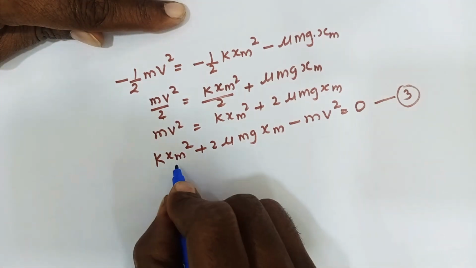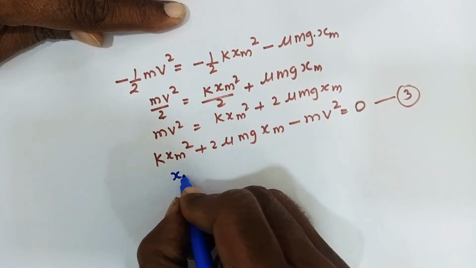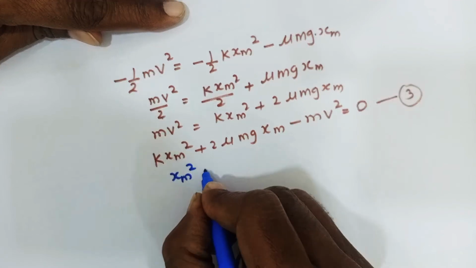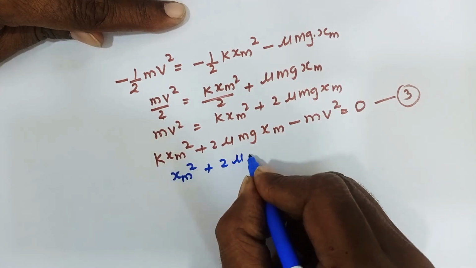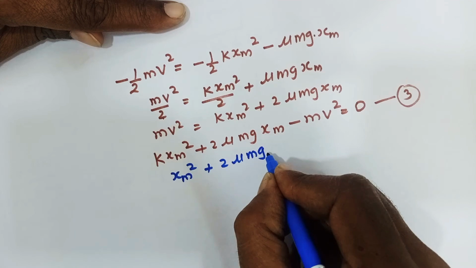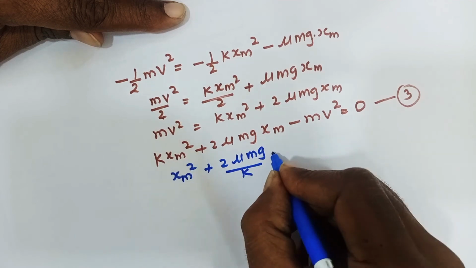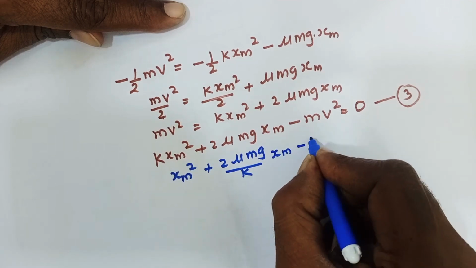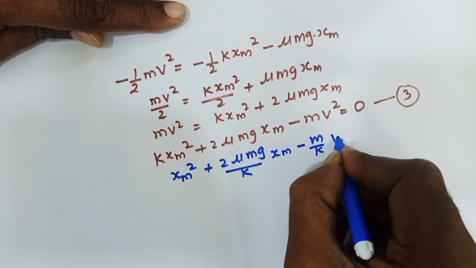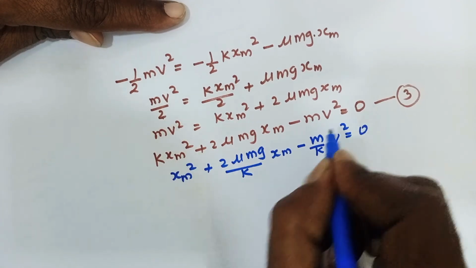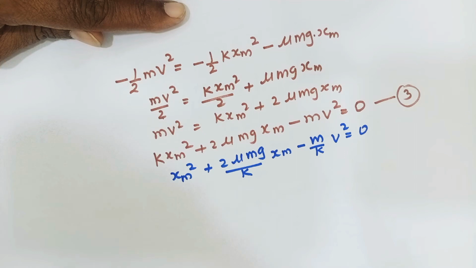Now, to calculate xm, divide by k: xm square plus 2 mu mg by k xm minus m by k v square equals 0. Then this becomes a quadratic equation.